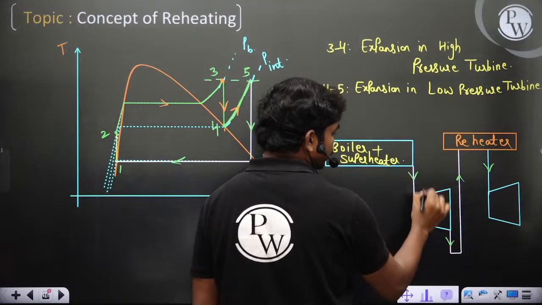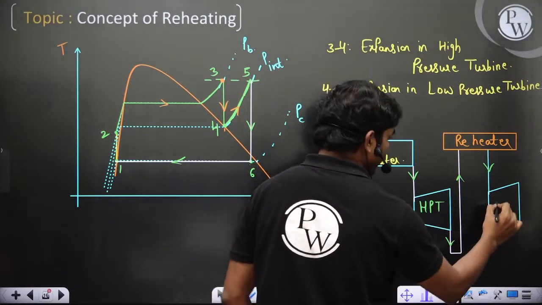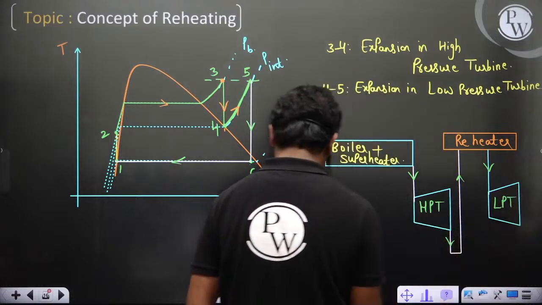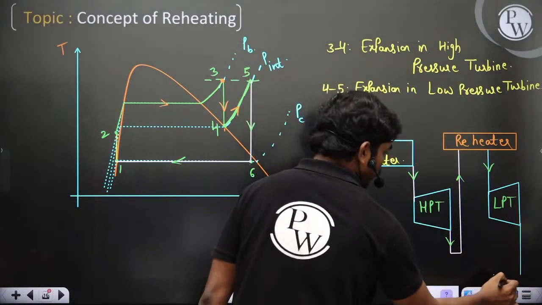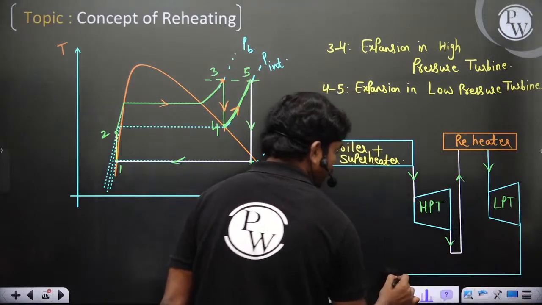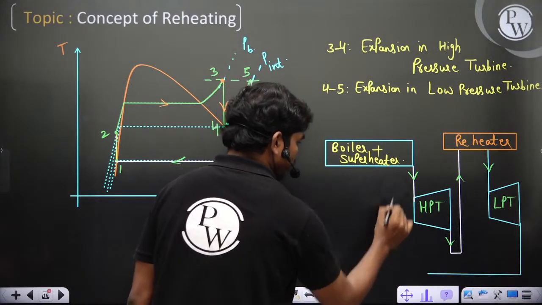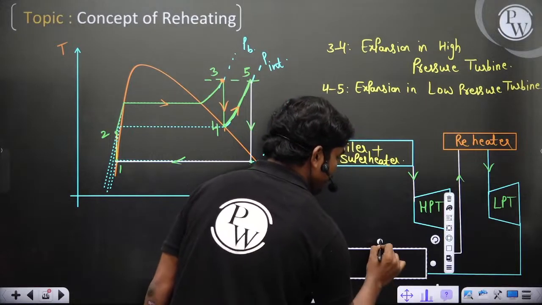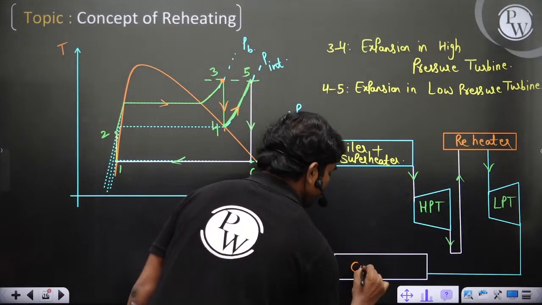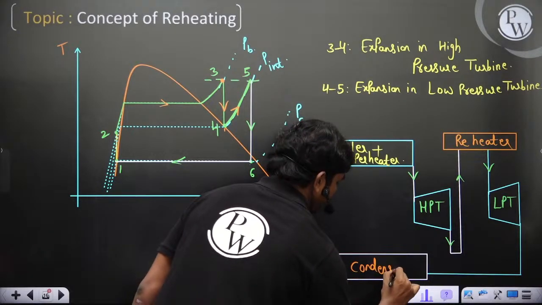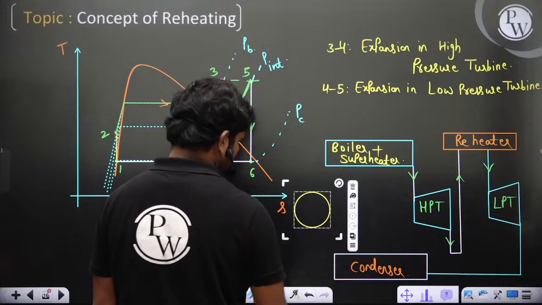This is the block diagram: high pressure turbine, low pressure turbine. Clear? So this is your condenser, and you get a pump here.